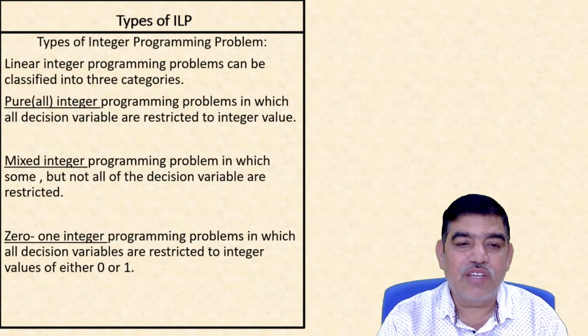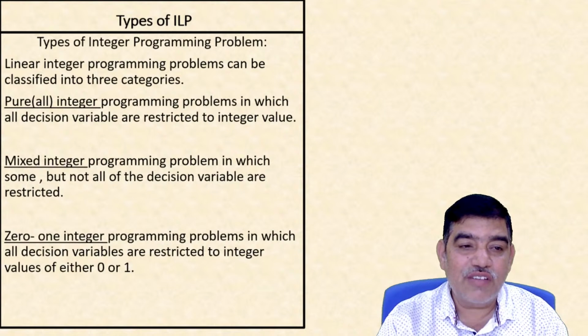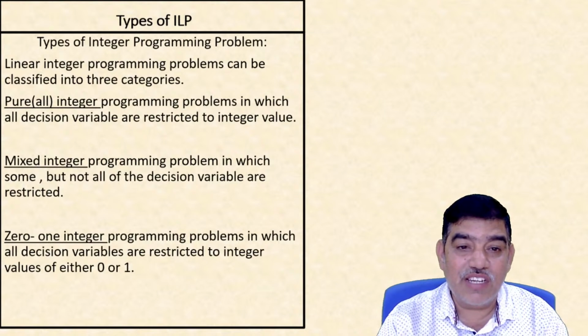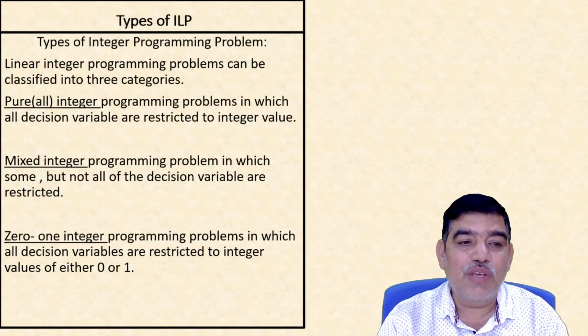That is similar to your LPP, linear programming problem. And what is the condition in ILP? All the decision variables must be integers. If all the decision variables are integer values, then this is called a pure or all integer programming problem.